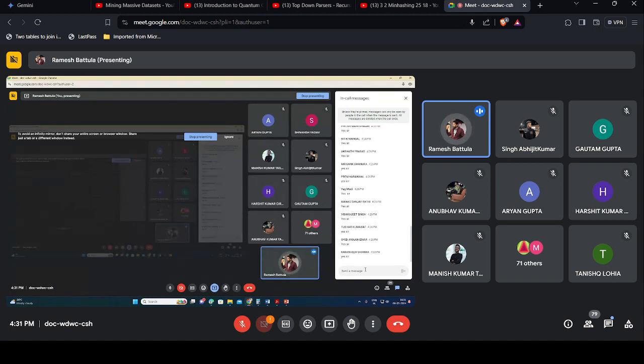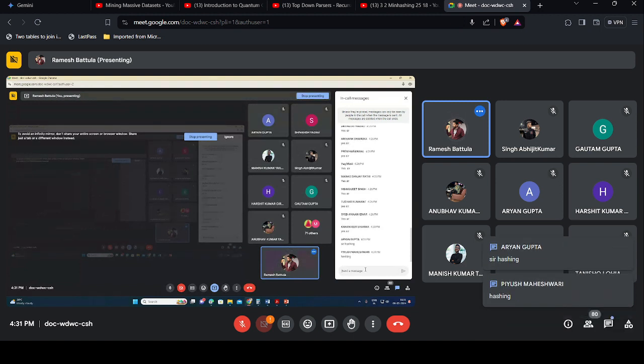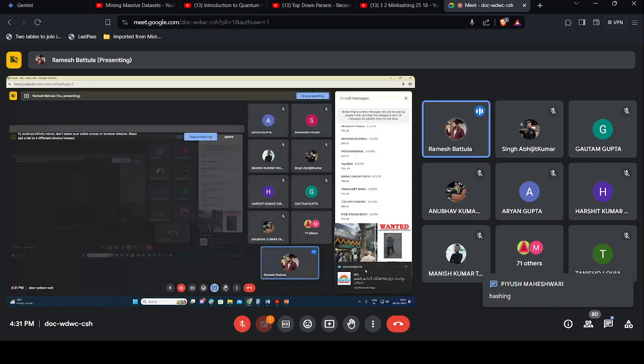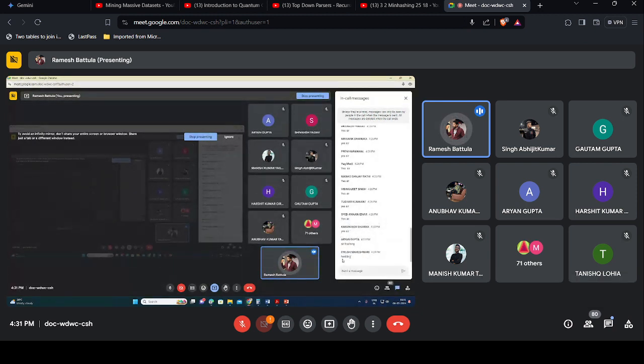What mechanism did we use? We use hashing. Hashing we will use to find whether two documents are similar. Correct. How do we achieve this hashing?